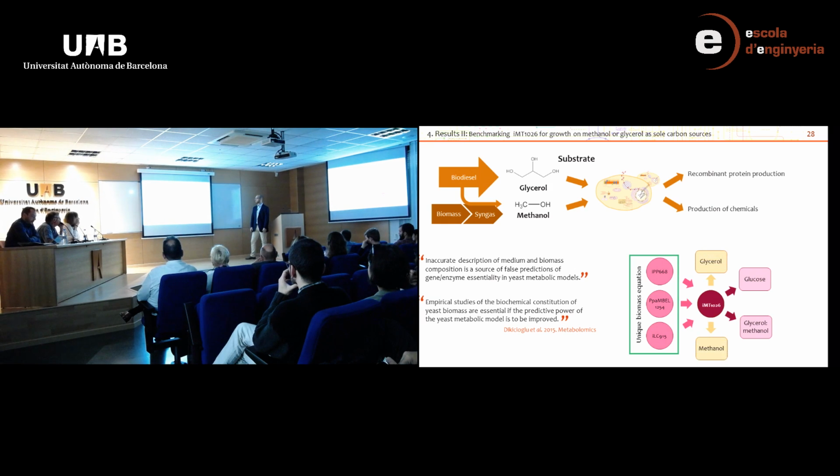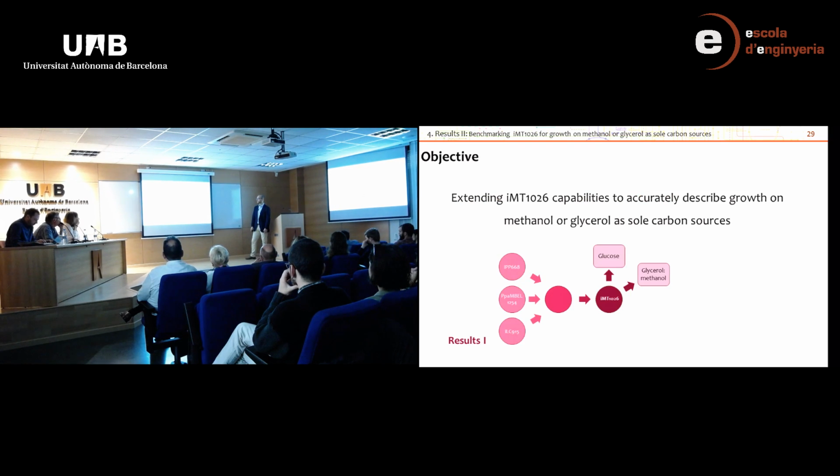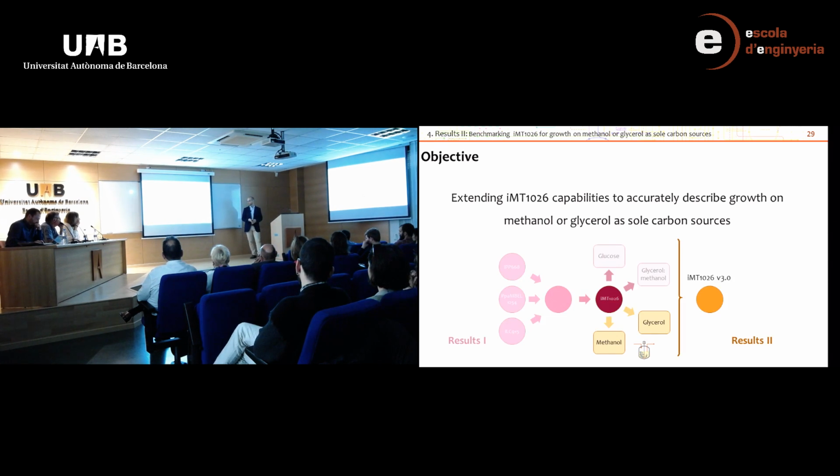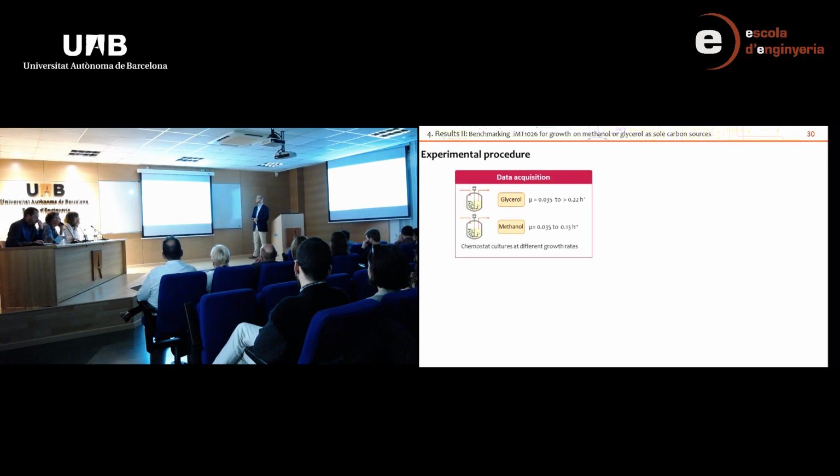So, if we wanted to use both glycerol and methanol in our model, we had to update it by incorporating these 2 new biomass equations. So the objective of this chapter is to extend IMT 2026 capabilities to accurately predict the described growth on methanol and glycerol as sole carbon sources.